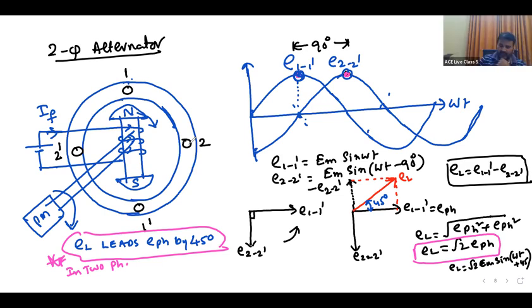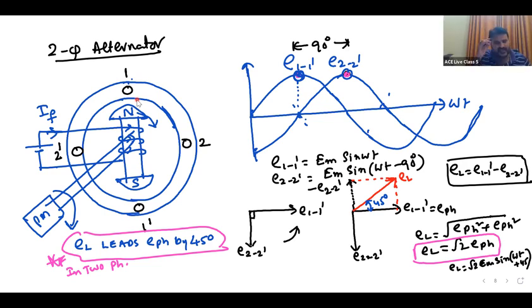If you take clockwise in this diagram, which is leading and which is lagging? E1 dash will be leading, sir. No, lagging. But in this, in which phase is the EMF first maximum? Phase 1. Yes, sir. Phase 2 is lagging after some time.